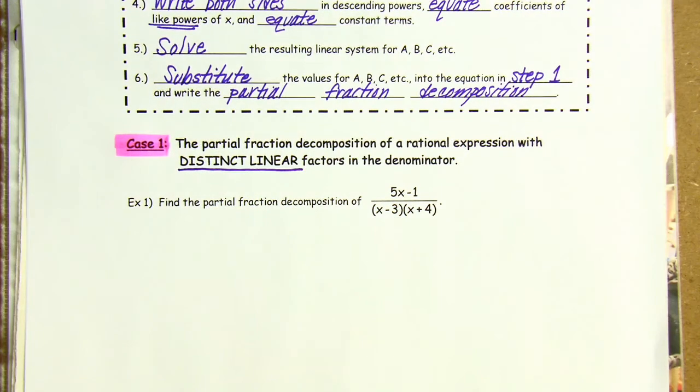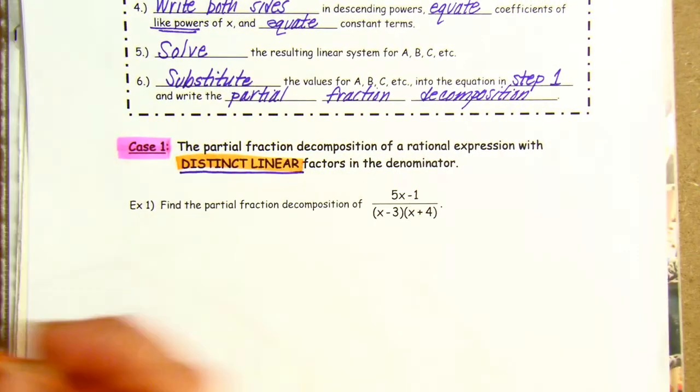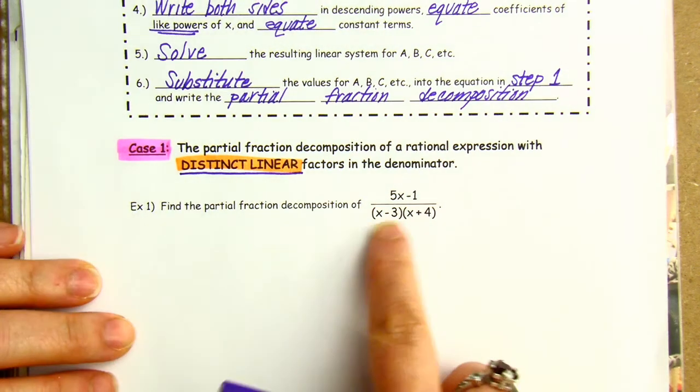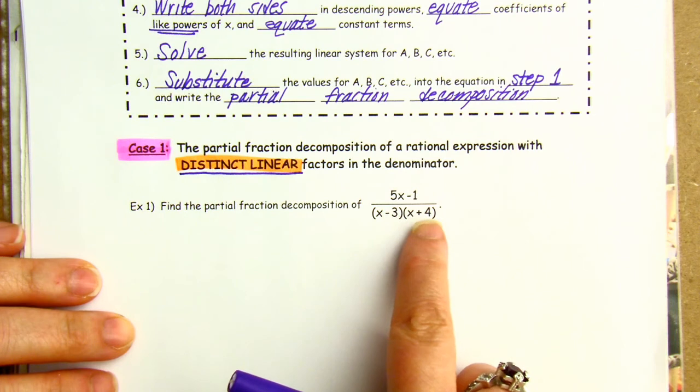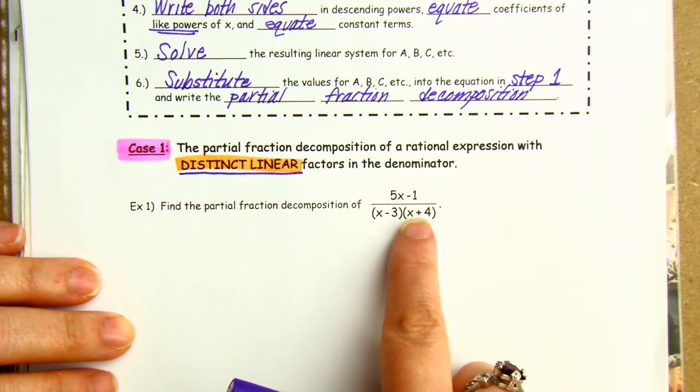Maybe I should highlight that too. Okay, so distinct, different from one another. I look at these two, they are linear. X minus 3, x plus 4. They are different, distinct linear factors in the denominator.